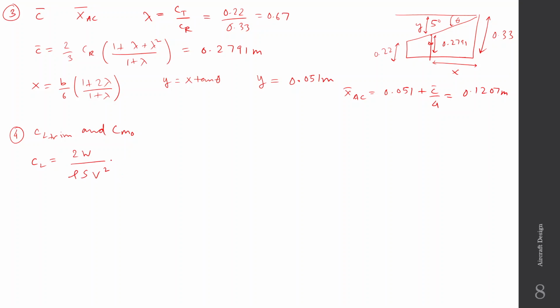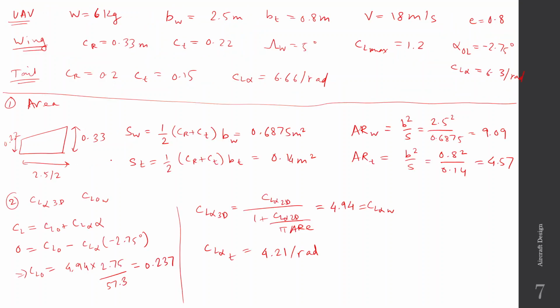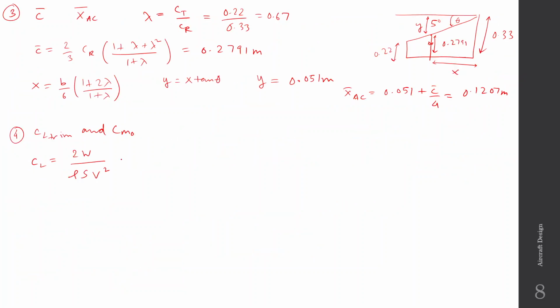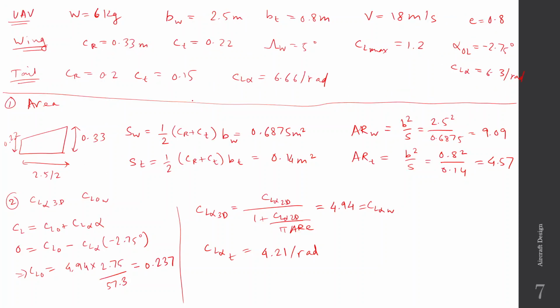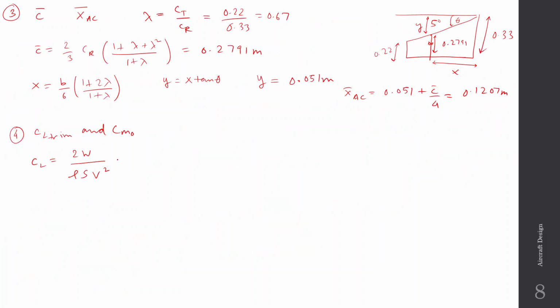Now we know all the quantities: the flight velocity, the wing area, and density we can assume as sea level density, and weight also we know, 6 kg. So finally we'll get that the CL trim is 0.657.